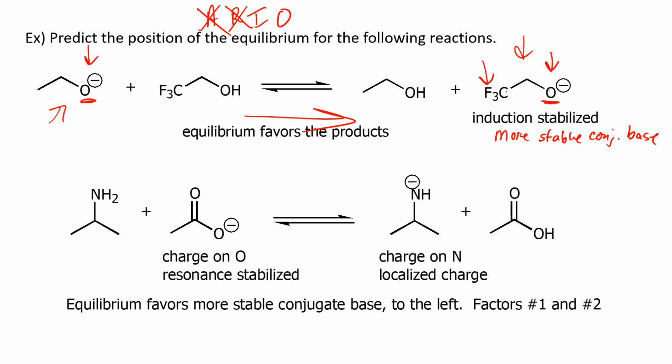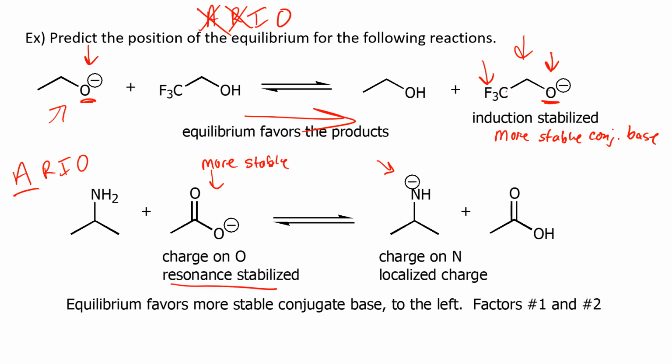In our next example, again, we're looking at the conjugate bases only. Let's try our atom argument. We have a negative charge on oxygen versus nitrogen. So right off the bat, using the atom argument, it looks like we have a more stable conjugate base.